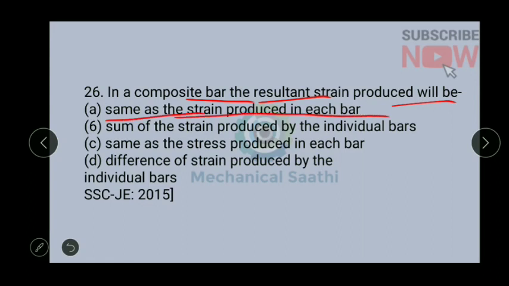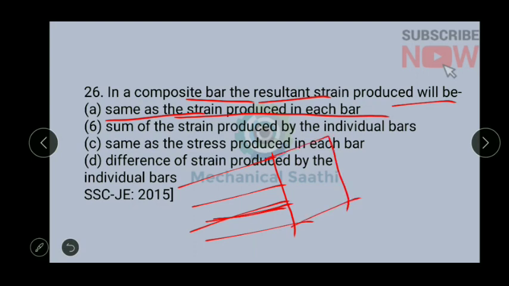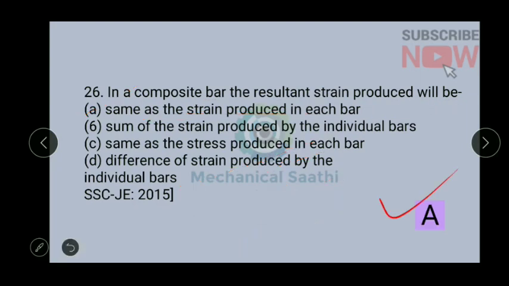So whatever strain will be produced in each bar, that will be equal. Suppose we are taking three materials composited with each other, whatever strain will be produced, that will be equal in all these three materials. So here you can say option A will be the correct answer. Let us check it. So option A is the correct answer.